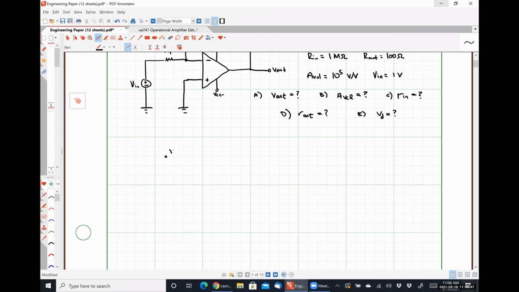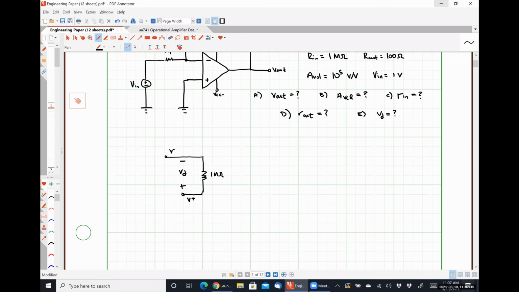This will be my inverting input here. Here's my input resistance of 1 megaohm. Here is my non-inverting input. And so my differential voltage VD is going to be defined with a positive polarity on bottom.